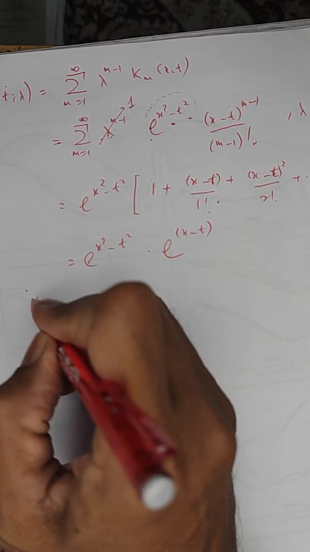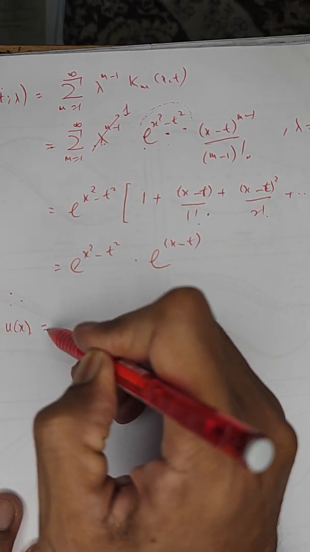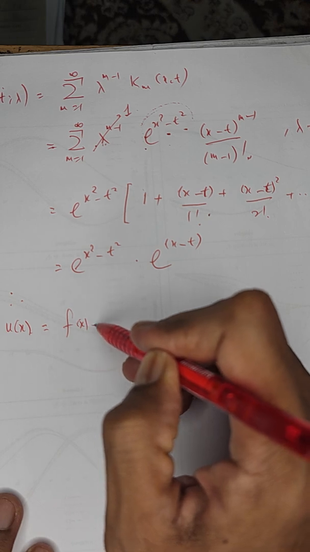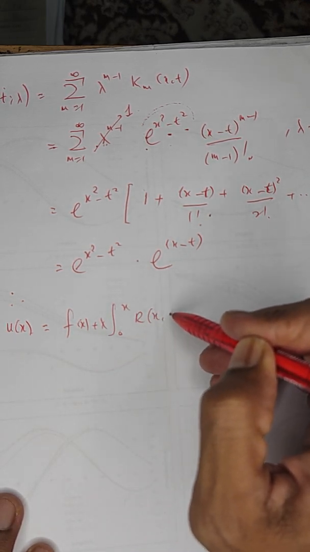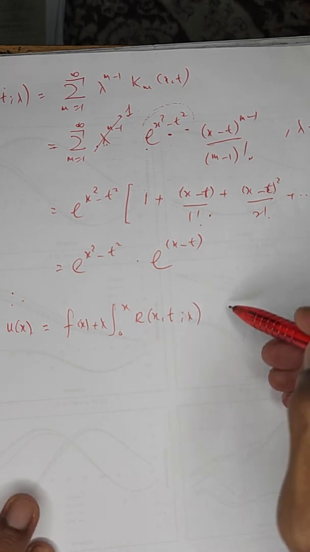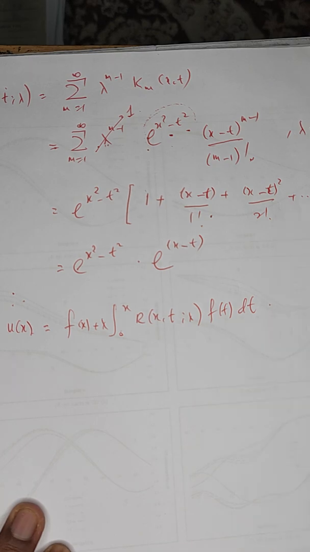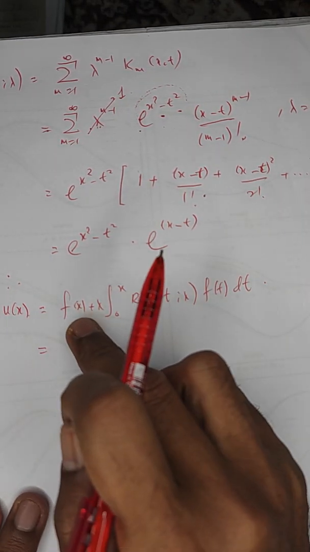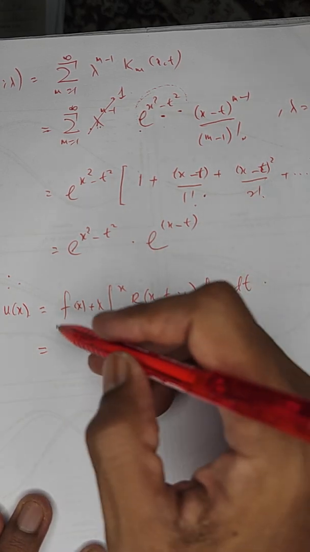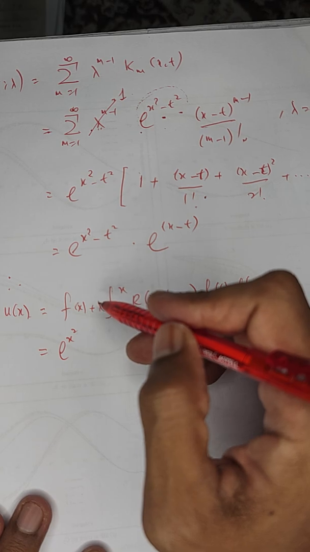Therefore the solution u(x) is given as f(x) plus lambda times the integral from 0 to x of R(x,t;lambda) f(t) dt. Okay, just substitute everything. f(x) in this example is e^(x^2).